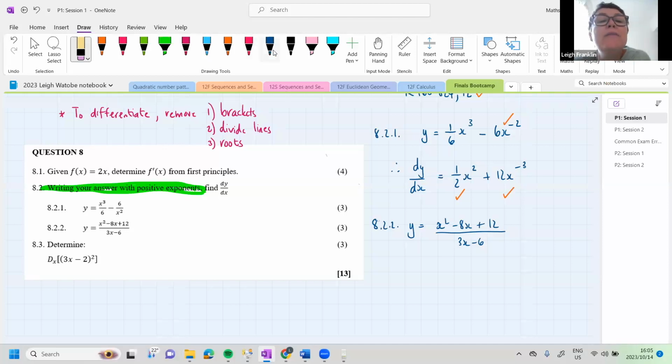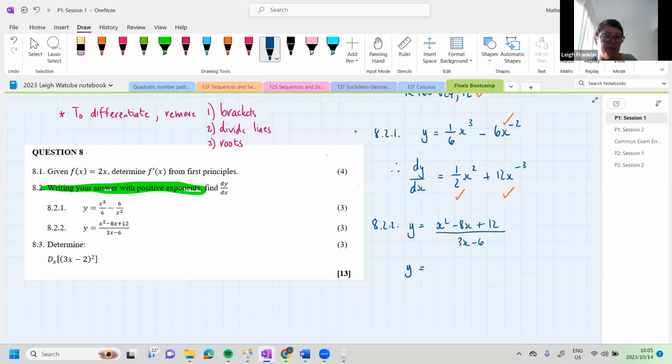Okay, so in this case, we have got a binomial denominator. So the only way we can prepare our statement for differentiation is by factorizing. Okay, so we're going to have to factorize the numerator and we're going to have to factorize the denominator. Okay, so I'm not writing dy over dx because I'm not differentiating.